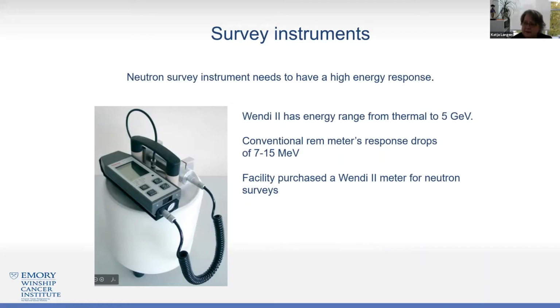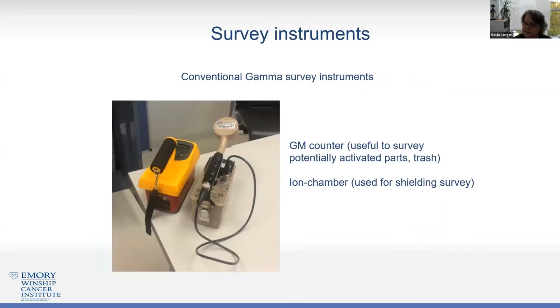So we purchased a Wendy 2 survey instrument. It has an energy range from thermal up to 5 GeV. Conventional handheld RAM meters, their response drops much earlier. So we purchased this particular instrument for our neutron surveys.